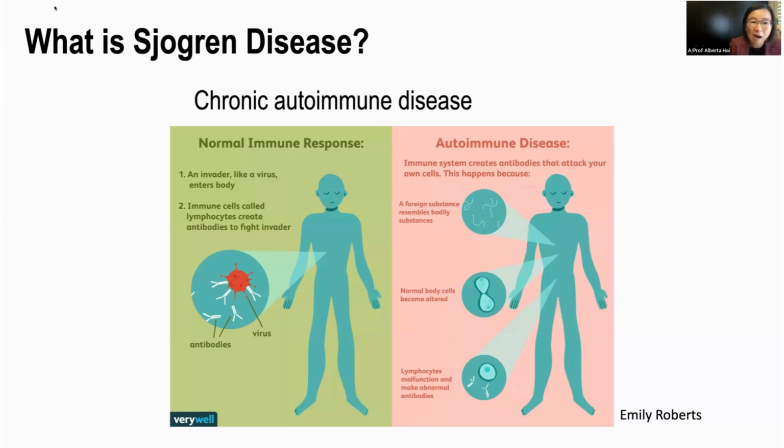Most people would know that our immune system in its normal functional state is there to protect you against pathogens, so bacteria and viruses and so on. That's its primary role, but sometimes the immune system can become a bit confused and start to attack your own body. And we call that an autoimmune process.